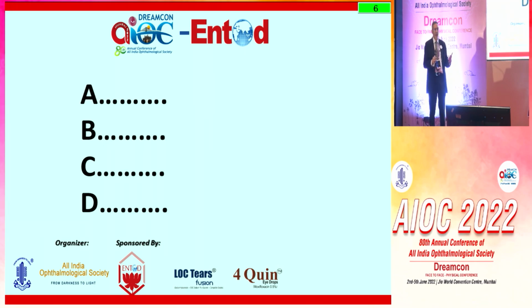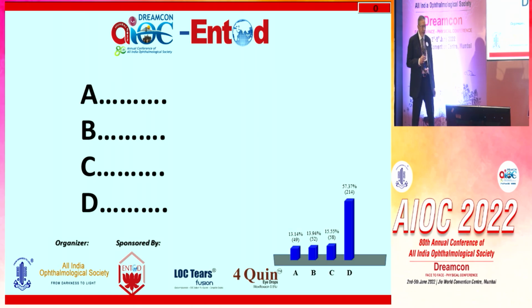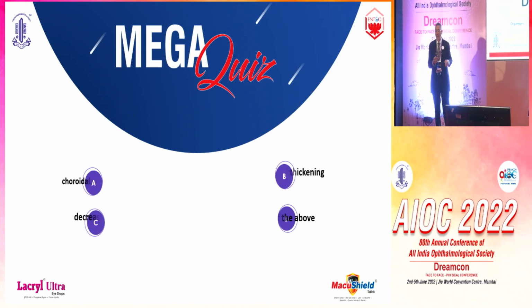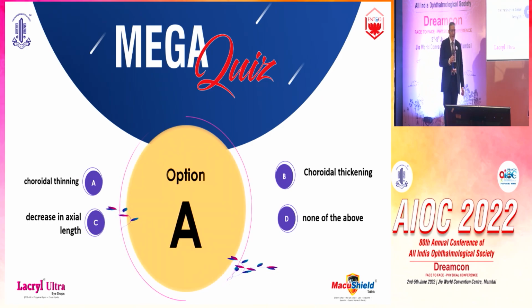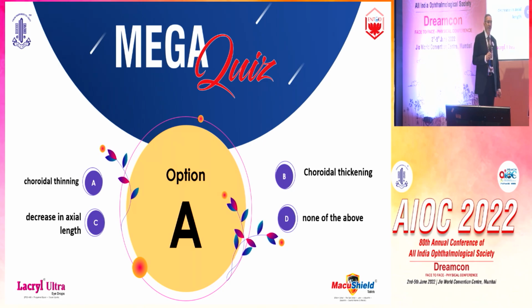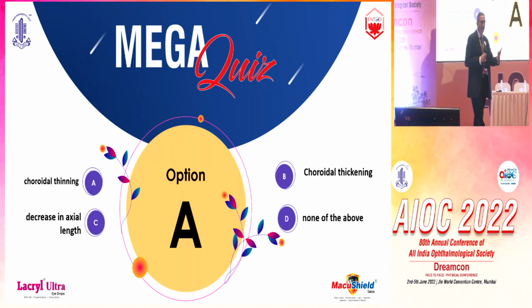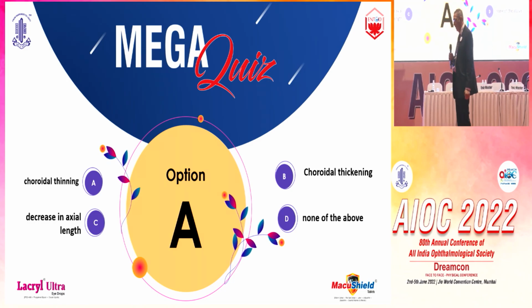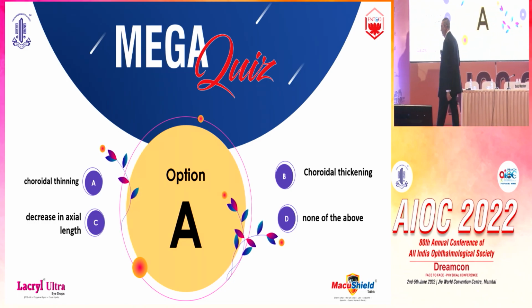You're looking at your mobile phone and suddenly your choroid thickens or thins, which doesn't sound very logical to me. You went with my suggestion of none of the above, so let's assume that no changes take place, and the correct answer, unfortunately, is choroidal thinning. What a terrible thing for the choroid to do. Just when you're looking at a mobile phone and your favorite porn clip, the choroid decides to thin. Next.